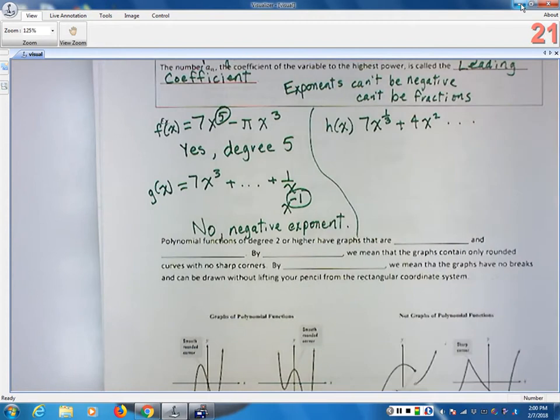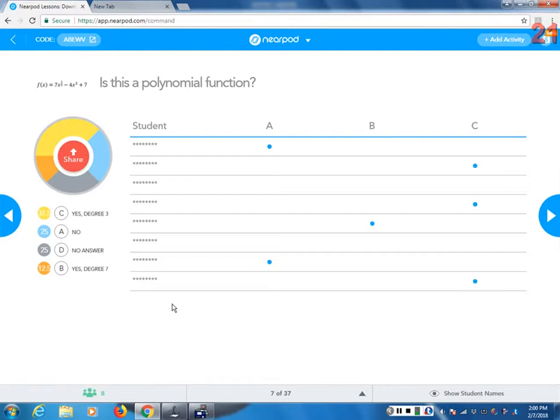Did you guys get that one? Oh, we're all over the place on that. We're going to share it. Okay, it's not a polynomial. No is the answer.